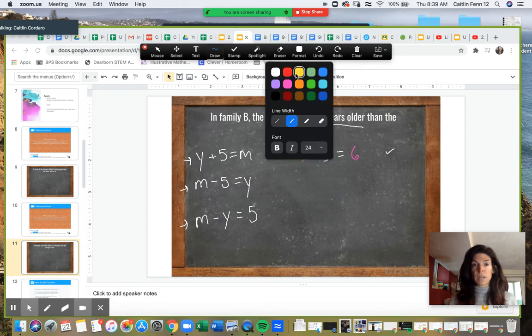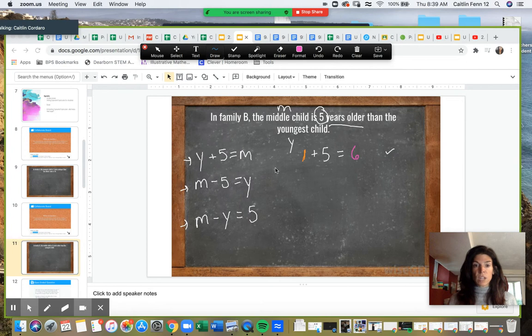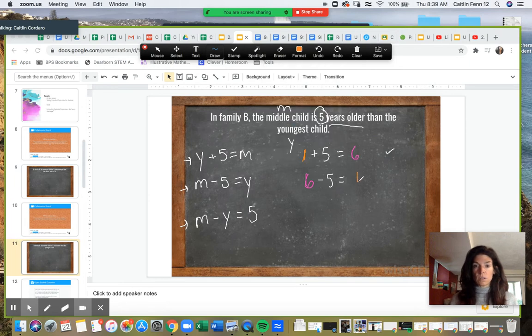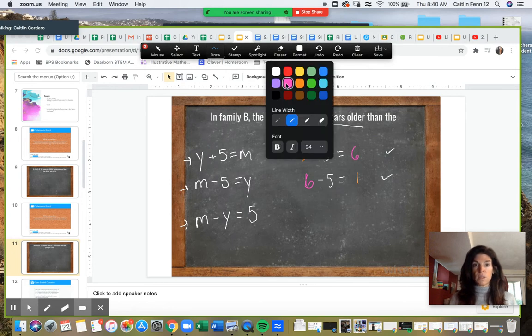We will see because when we take the middle child's age, 6, and we subtract 5, will it equal the same thing? Are they 6 and 1 in this equation too? Yeah, still works.